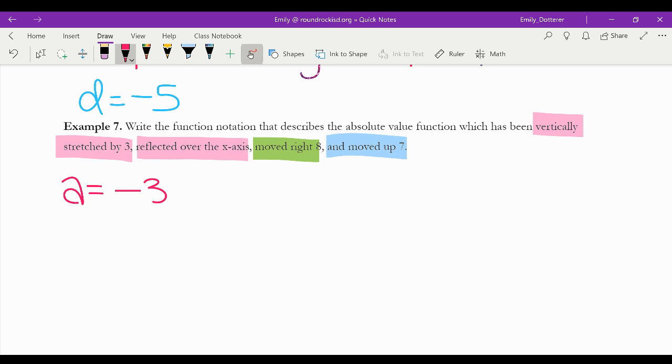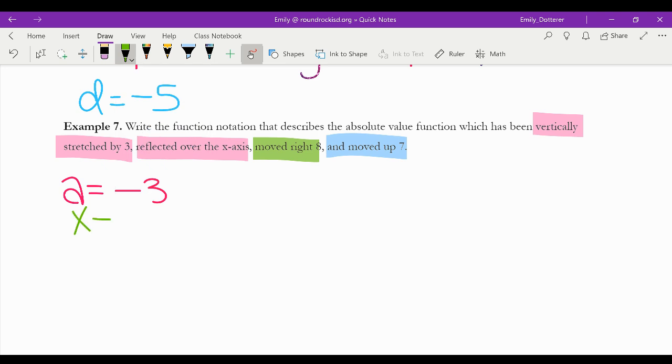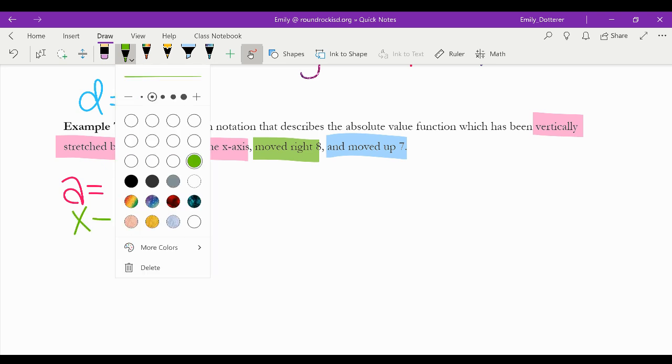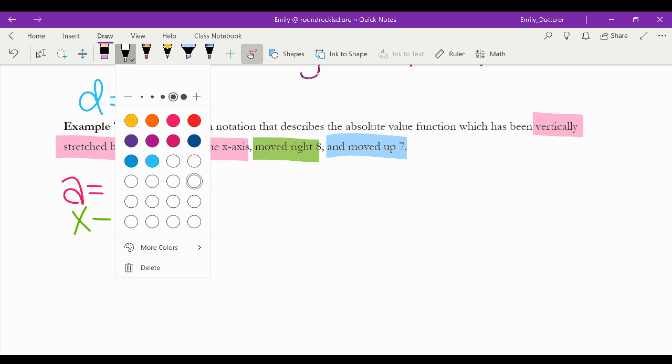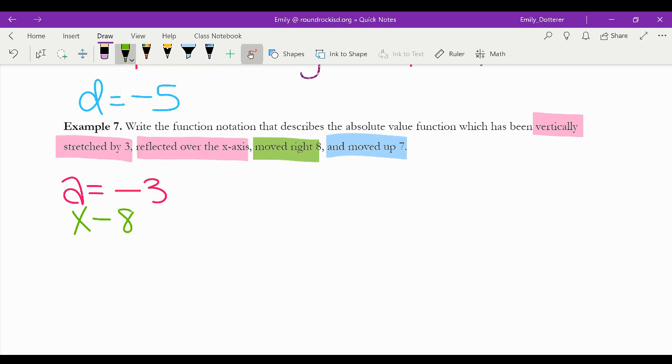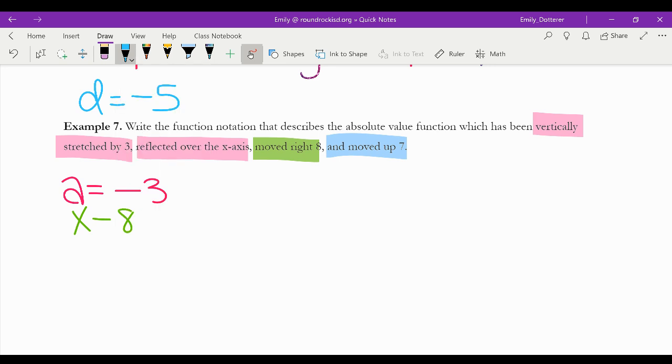It's been vertically stretched by 3. The graph went right 8, so it'll be x minus 8. And then it went up 7.